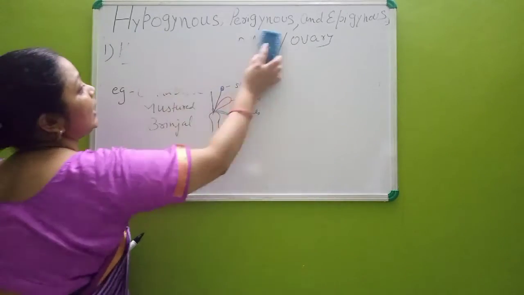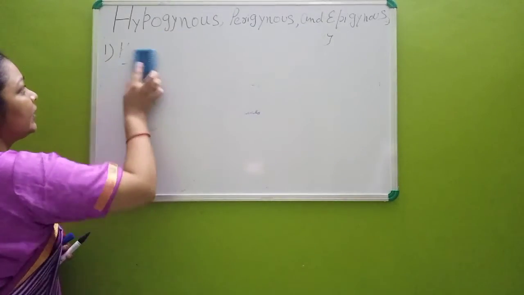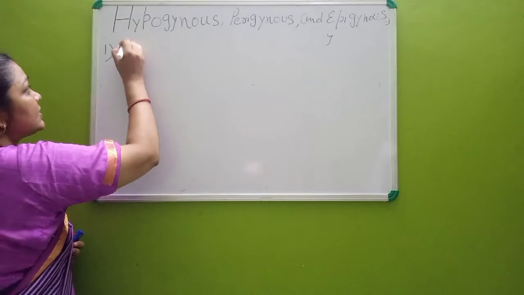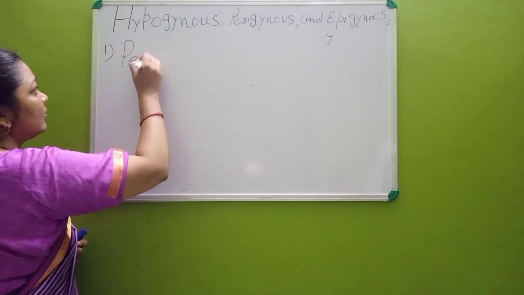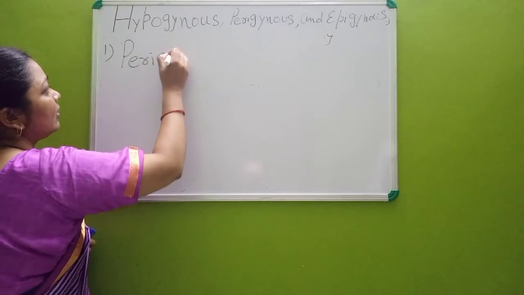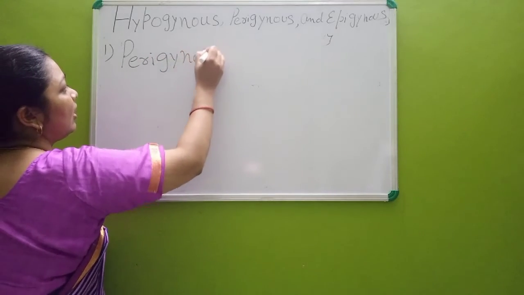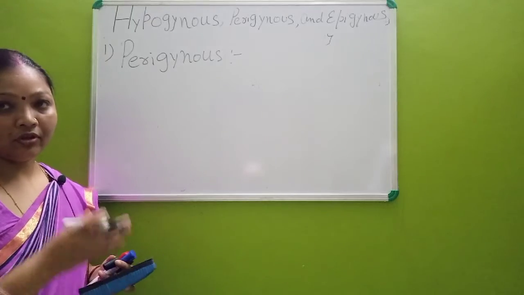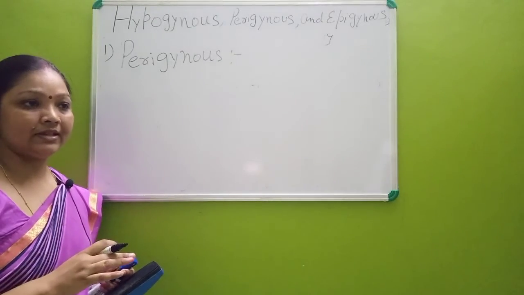Now the second type of ovary that we go through is the perigynous ovary, that is, the flower is perigynous.